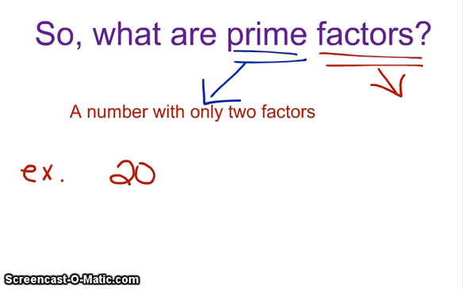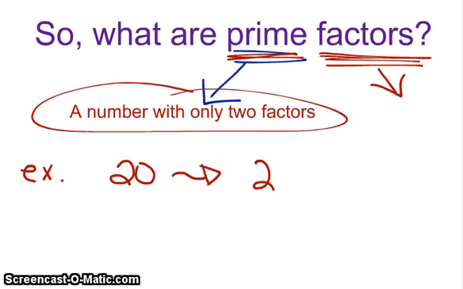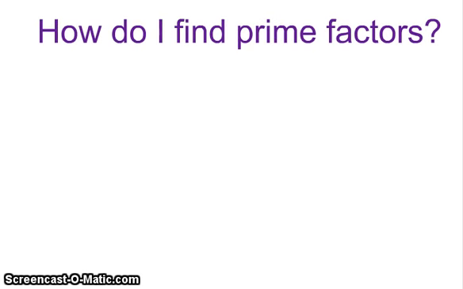If I'm looking for the prime factors, a prime factor of 20 would be 2, because it's prime and it's a factor. Obviously, it would take more than one 2 to make 20, but we're going to look at that in just a second. So prime factors are factors that are prime, which means they can only have 2 factors, like the number 2.